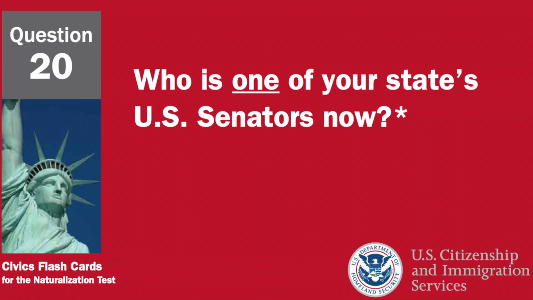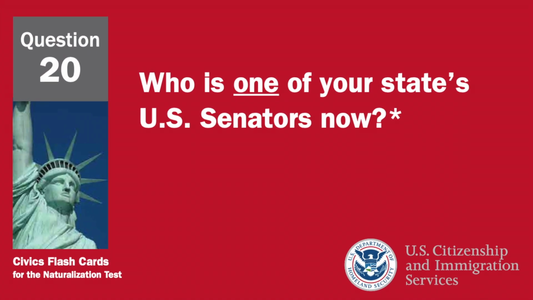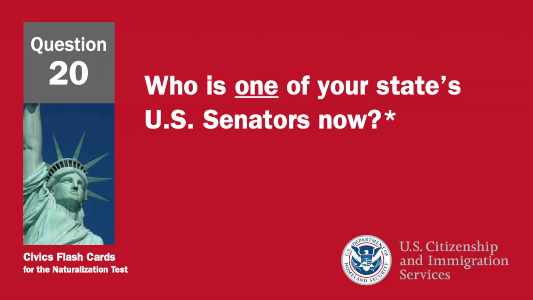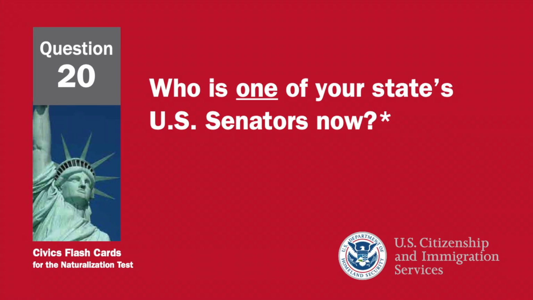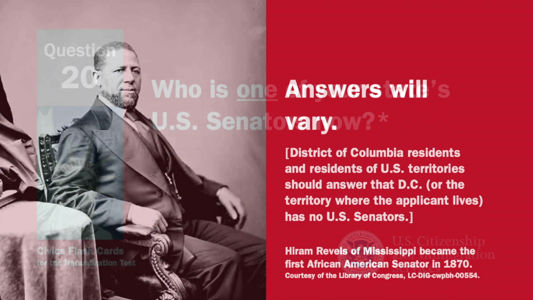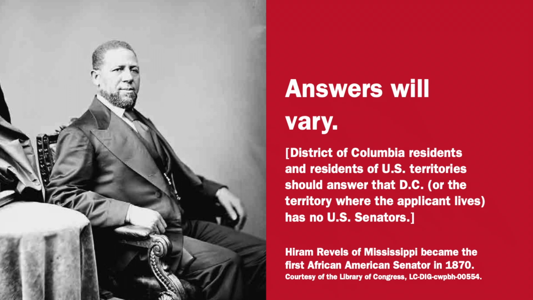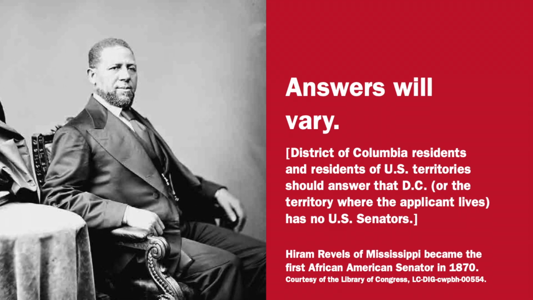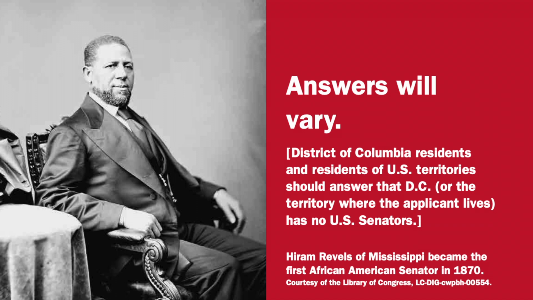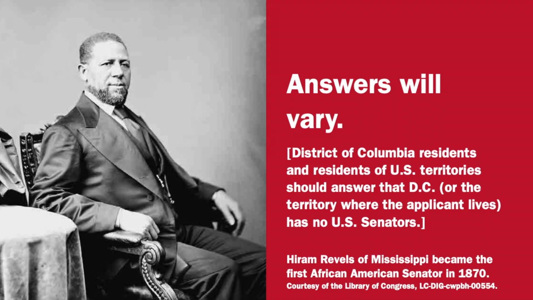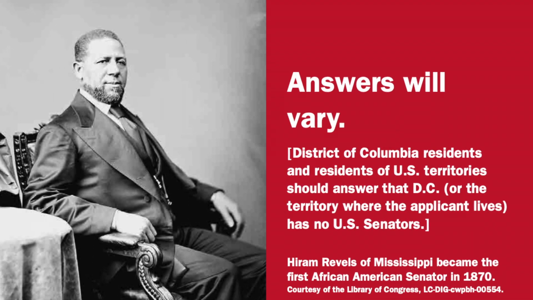Who is one of your state's U.S. senators now? Answers will vary. District of Columbia residents and residents of U.S. territories should answer that D.C. or the territory where the applicant lives has no U.S. senators.